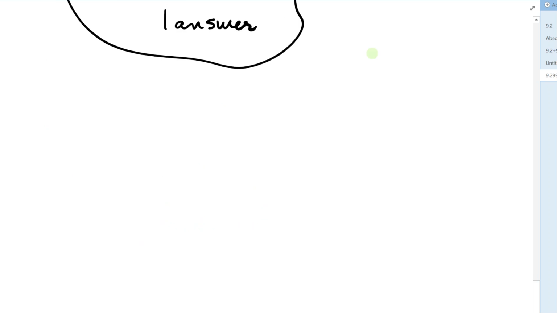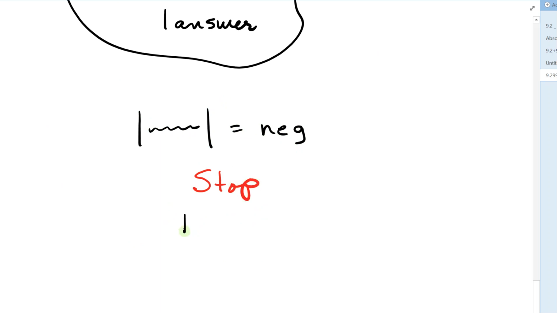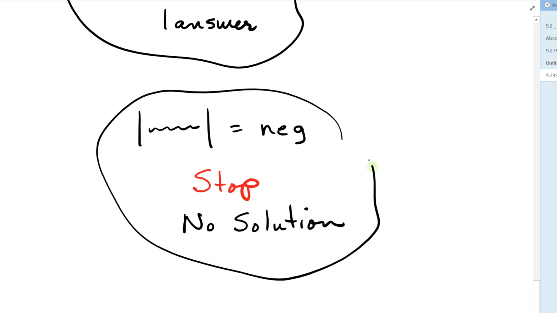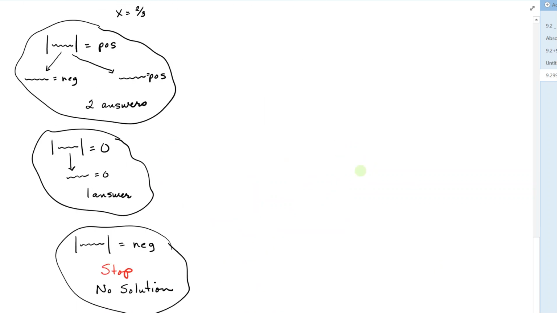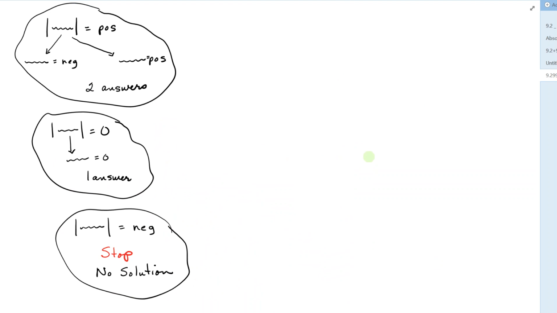And finally, if you have the absolute value of any expression equal to a negative, you stop because you have no solution. So you might want to make sure that you have those 3 items written down. Okay, that will take you through the first 5 questions of that assignment.